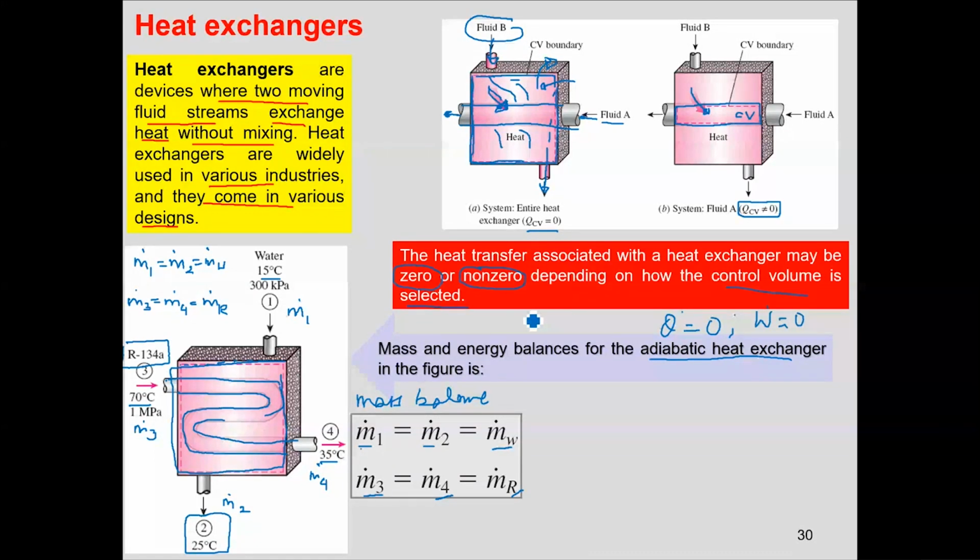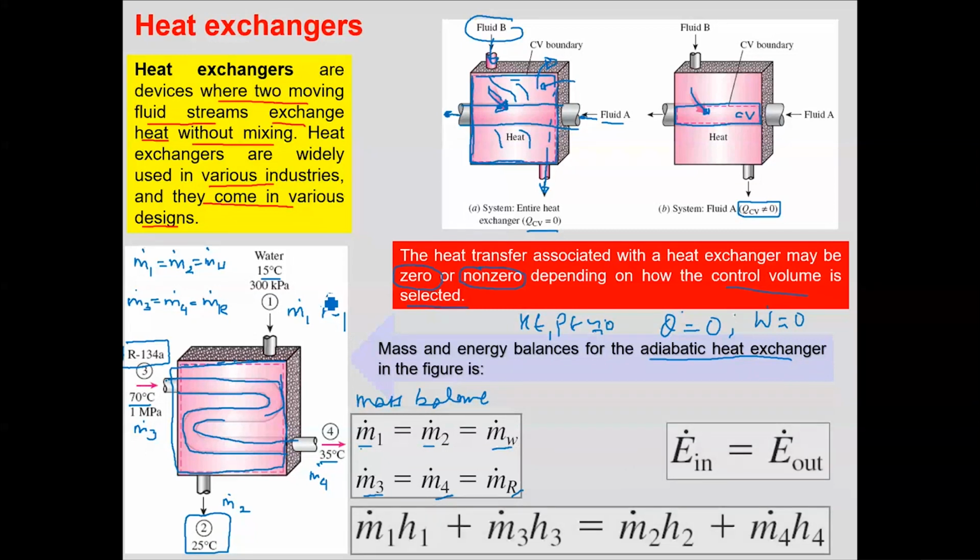Since the fluid is entering roughly at the same elevation, the kinetic energy and potential energy are also assumed to be zero. So the only energy associated with the system is the energy of the mass that is coming in and leaving the system, which is associated with the enthalpies. So you would have the enthalpies associated with the mass flow rate coming into the system as m dot 1 h1, this is coming from water, and m dot 3 h3, which is coming from refrigerant.